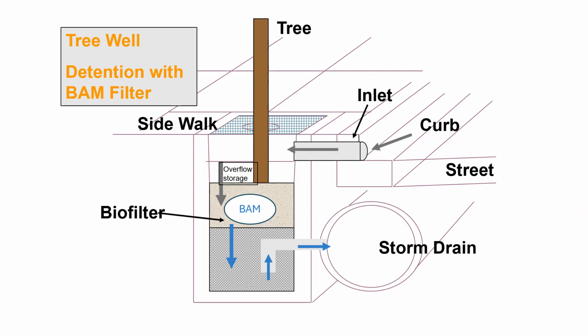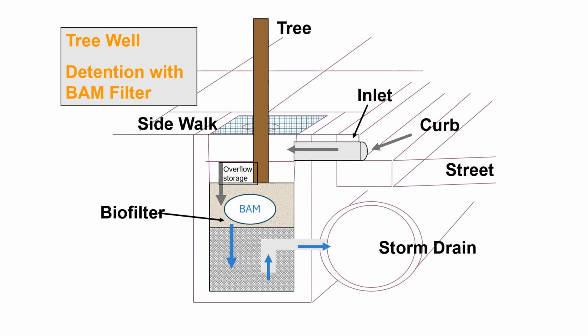This diagram illustrates a detention tree well design. Stormwater runoff from the street and curb enters through an inlet, flowing into the tree well. This system often incorporates a biofilter, which includes a specialized sorption media referred to as BAM. This BAM media is crucial for achieving significant average annual pollutant removal.